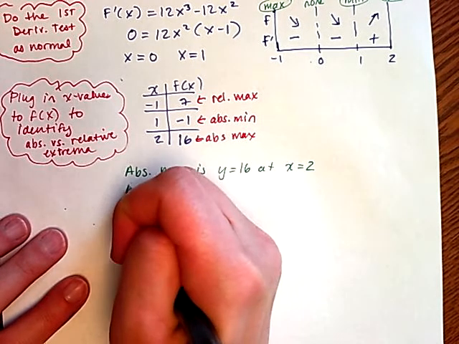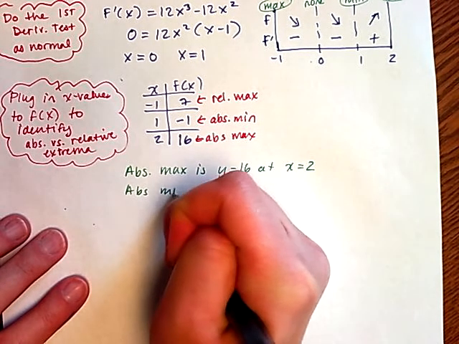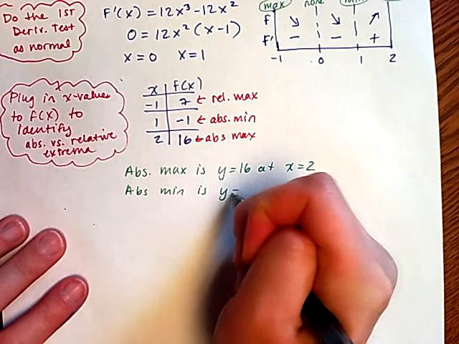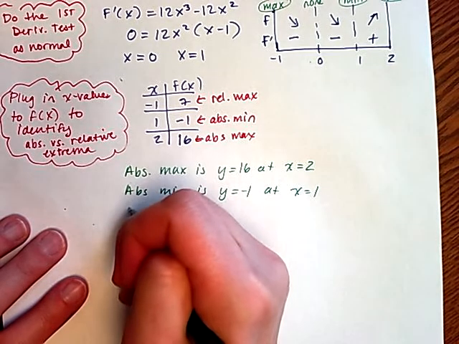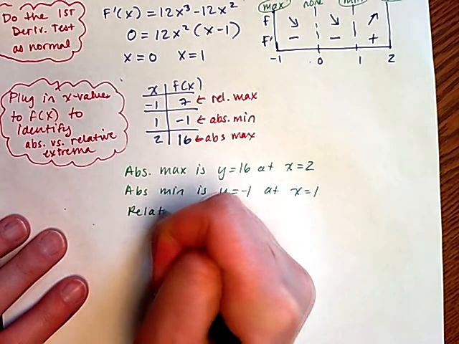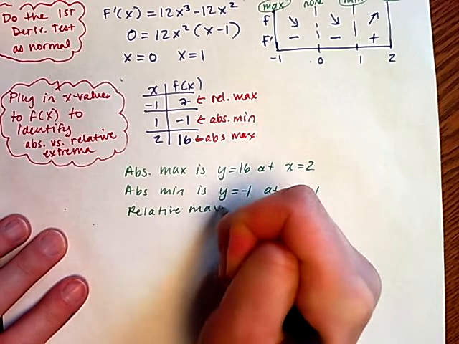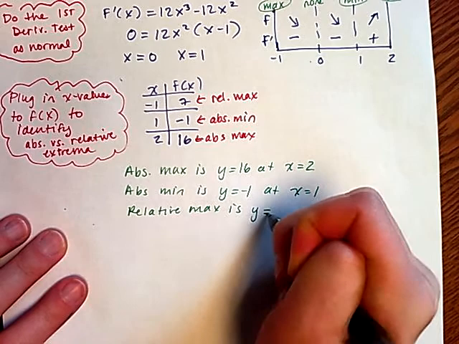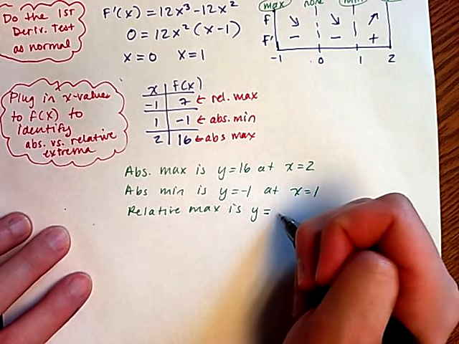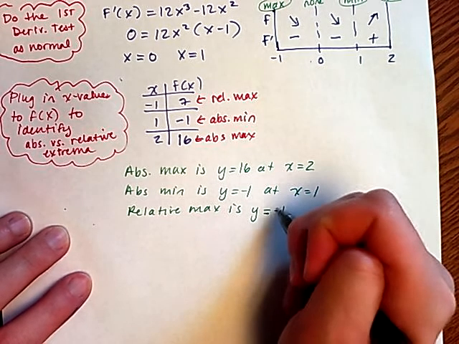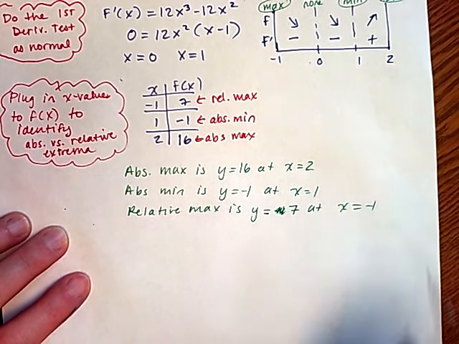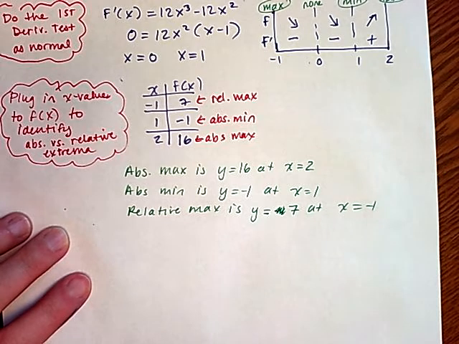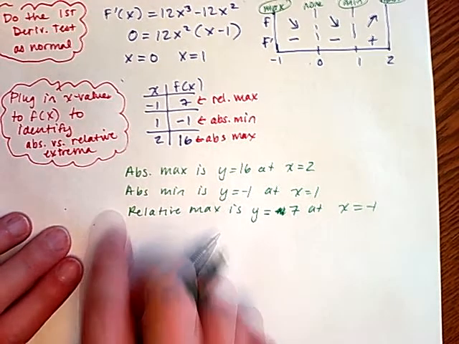So absolute min is y equals -1 at x equals 1. Then we can also say we have a relative max of y equals 7 at x equals -1. Okay, and that would be my answer to the question.